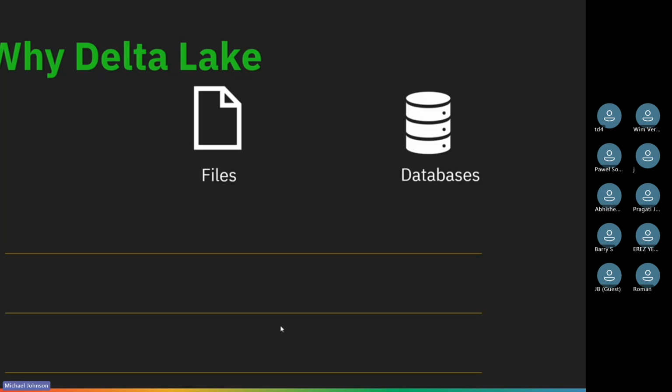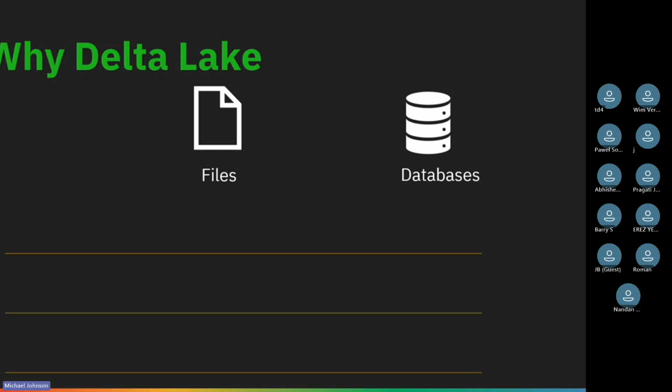So just a standard file, usually CSVs or JSON files or some sort of binary format. And then more recently, we've seen column store files come out. So we've seen Parquet and Avro, those kind of files. On the other side, we had databases, usually a relational database, but not always. There are other types of databases. And these gave us a lot more functionality, but they had other limitations.